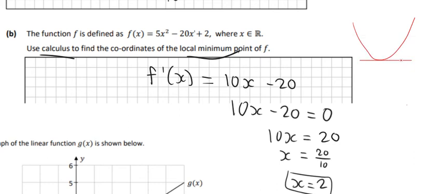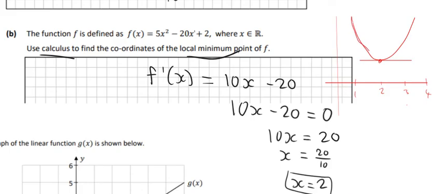So what we found is that the x coordinate is 2. So if you imagine it on the graph, there's 2, there's 1, there would be 3, 4. We found that the x coordinate is 2, but we need to find out what the y coordinate is.